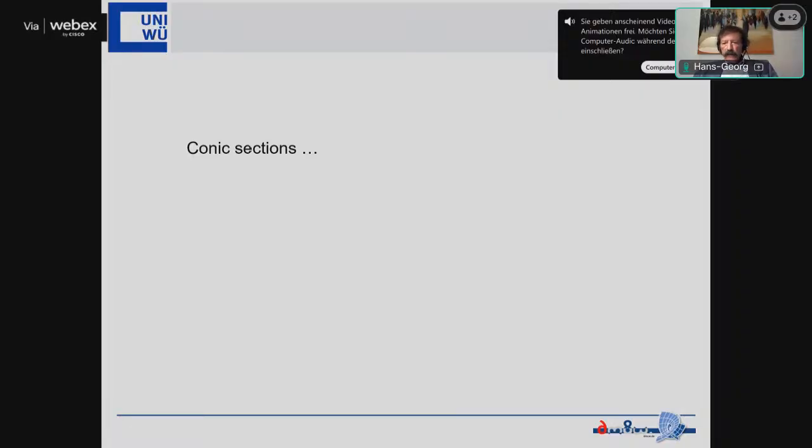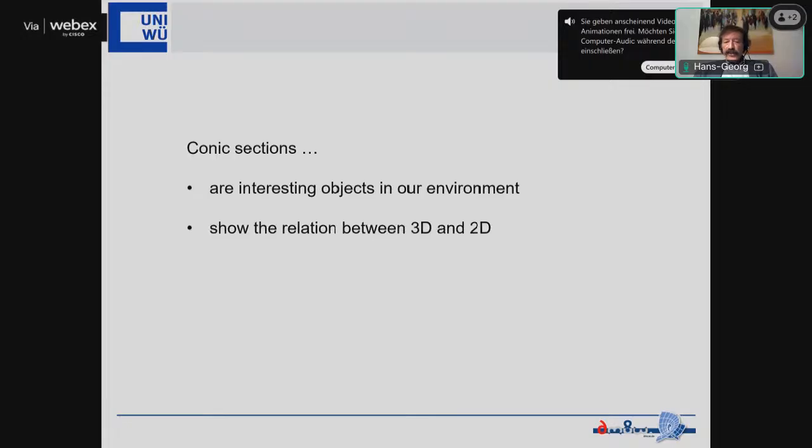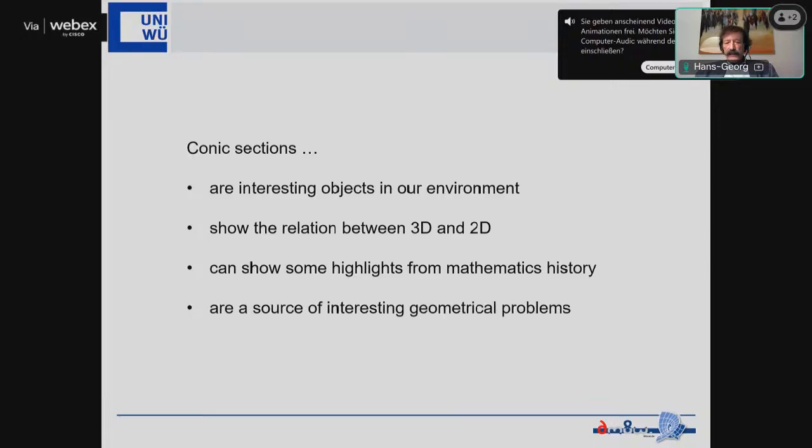I think, and hopefully I've shown it, that conic sections are interesting objects in our environment, that they show the relationship between 3D and 2D, that they can show some highlights from mathematics history, because they are very important objects in mathematics history.